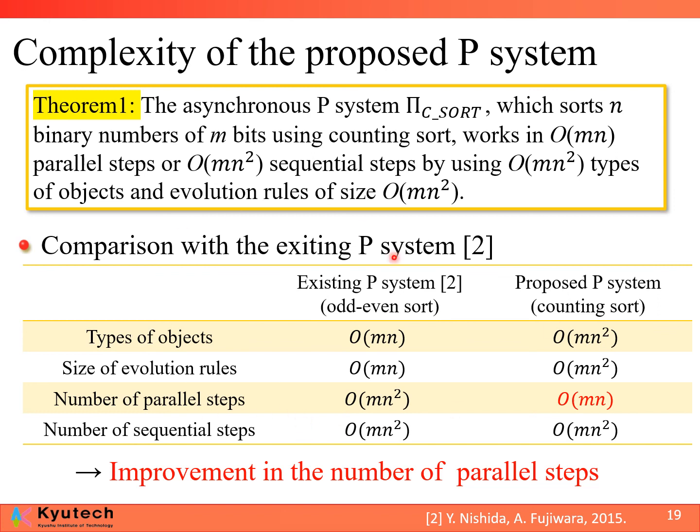Also, this table shows the comparison between the proposed P system and the existing P system that uses the same type of input. As you can see, the number of parallel steps of the proposed P system is better than the existing P system.